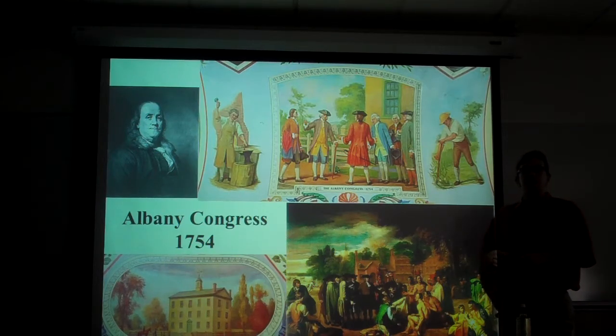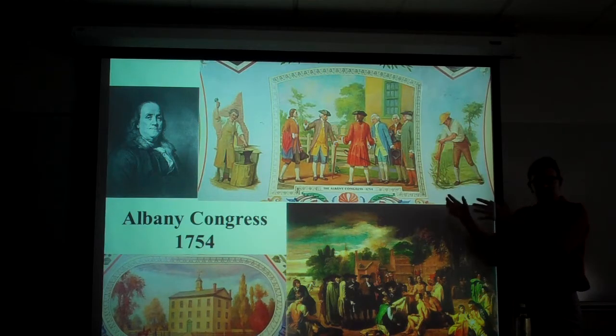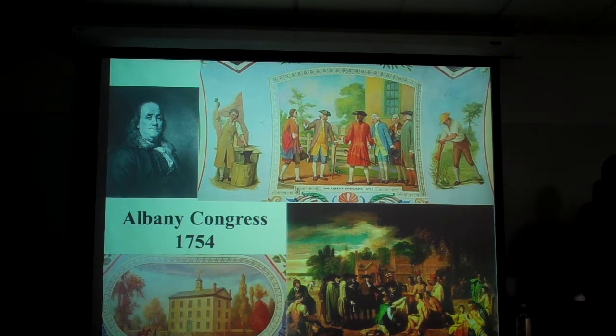So the Iroquois were invited, and Franklin invited delegates from all 13 colonies. But not every colony sent delegates. So the idea of uniting together was so unappealing that many of the colonies didn't even send anyone to participate. But many of the most powerful colonies did, so it still held importance.